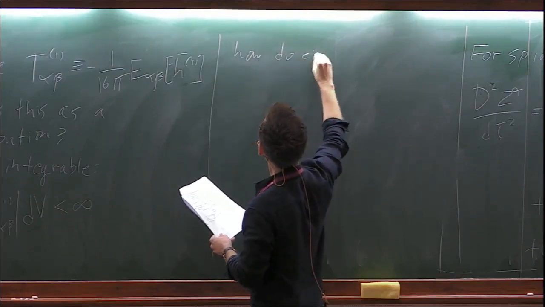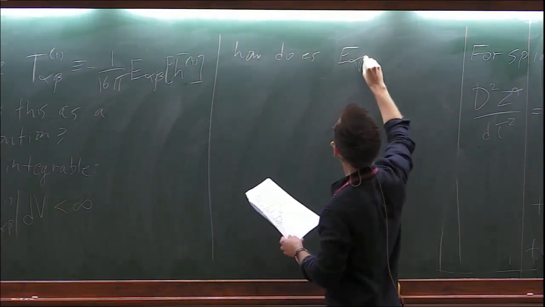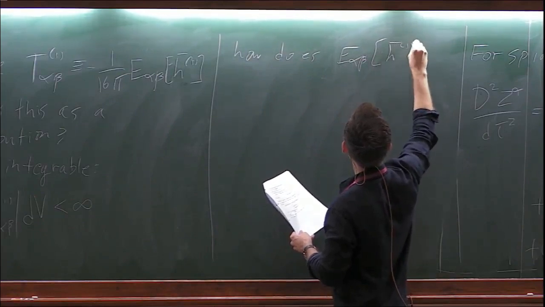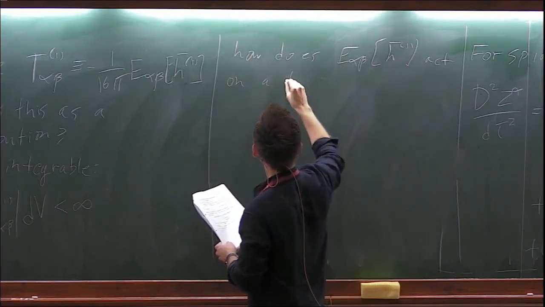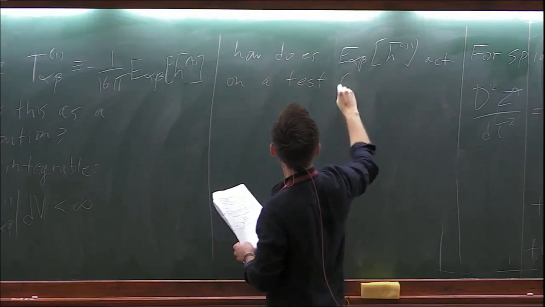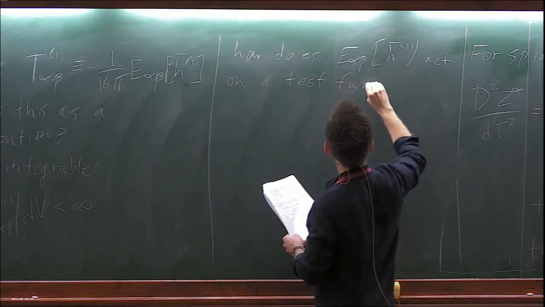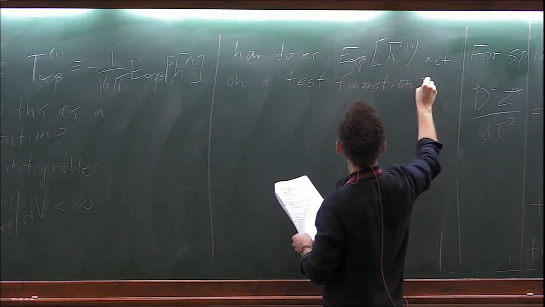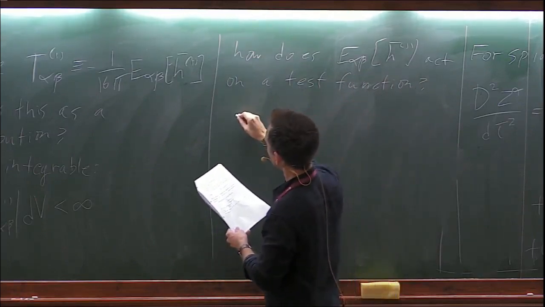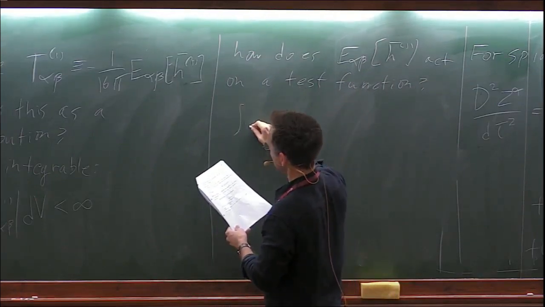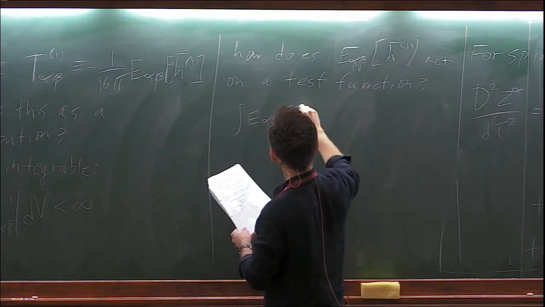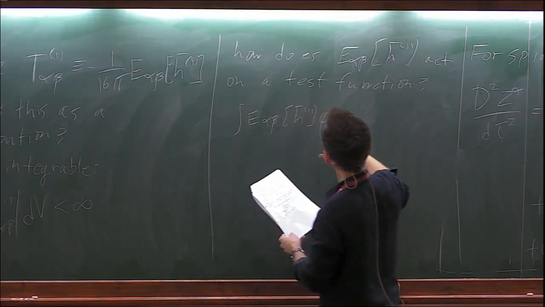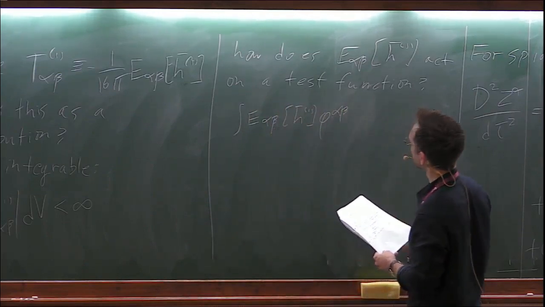So how does E alpha beta h bar 1 act on a test function? E alpha beta of h bar 1 integrated against a test function phi.